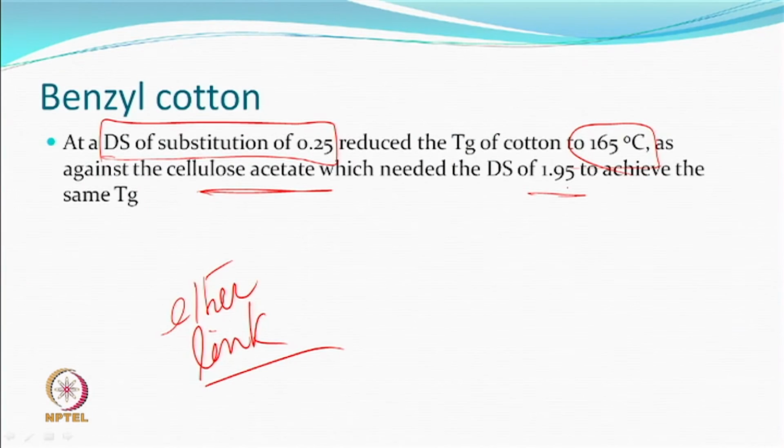So, they found etherification by using benzyl chloride was an effective way to modify cotton to be good for finally using thermomechanical means for texturing. You can appreciate that the kind of expectations that you have with a multifilament yarn were not there here. Any spun yarn is much bulkier compared to a multifilament yarn.